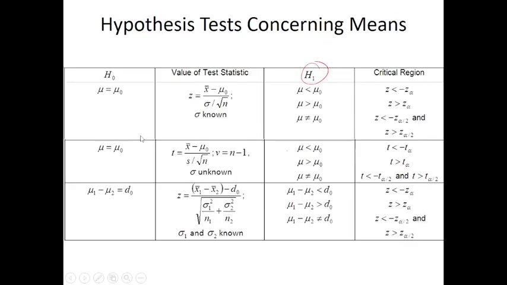So we shall use this: mu sub 1 minus mu sub 2 greater than d sub 0. We will use that.